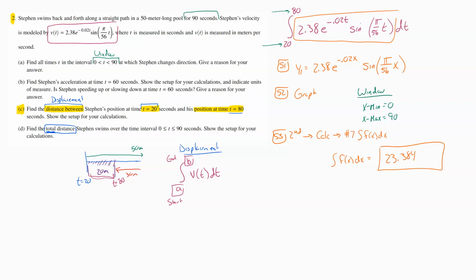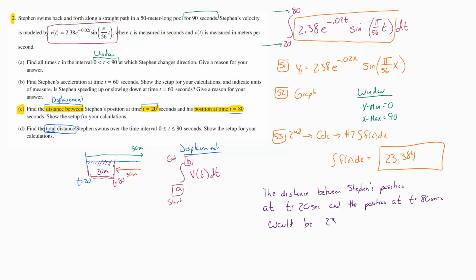And then in the end, you just want to answer their question, right? Give them that final response. So we would say the distance between Stephen's position at our original time, t equals 20 seconds, and the position at t equals 80 seconds would be, and then you just tell them the number.